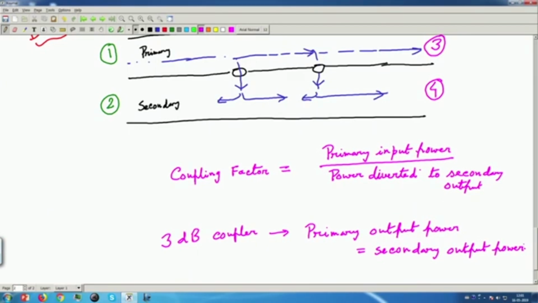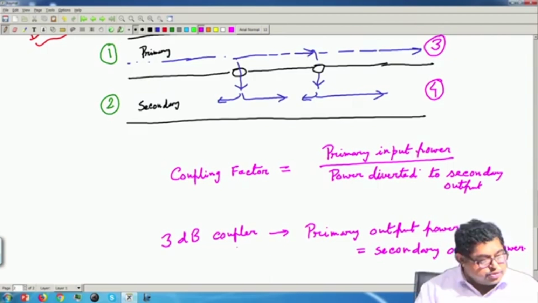Now a directional coupler. Previously I have defined coupler. Now, what is a directional coupler? A directional coupler is one that produces an output at a given secondary port when power flows to the primary port in one direction, but not in the other direction.